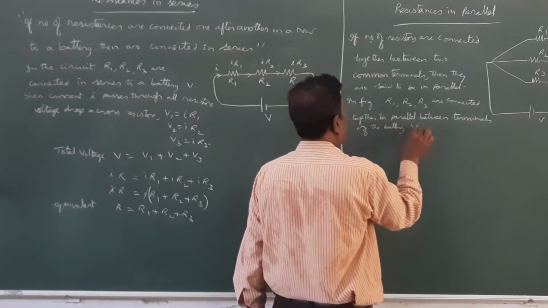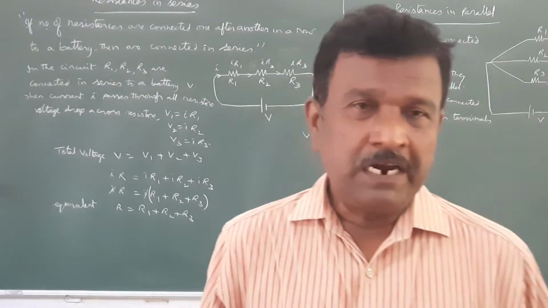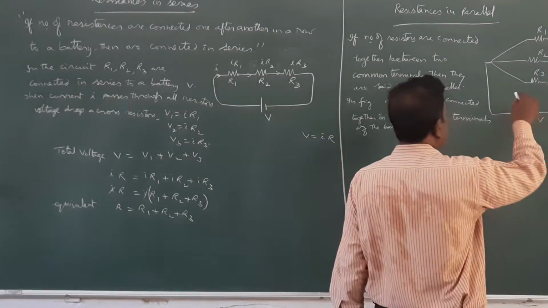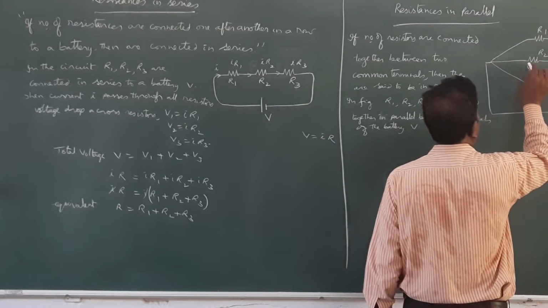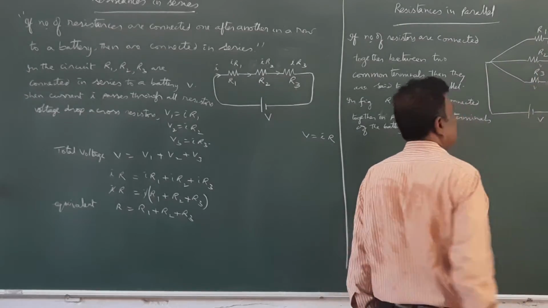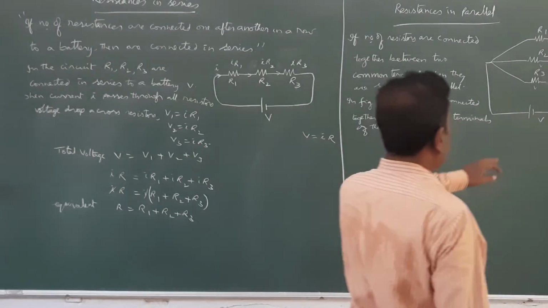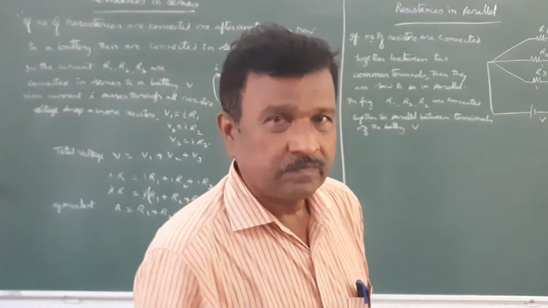When resistors are connected in parallel, the voltage across them is same. Same voltage will be there across all resistors. Potential difference is same across all the resistors. That is equal to voltage supplied by the battery.